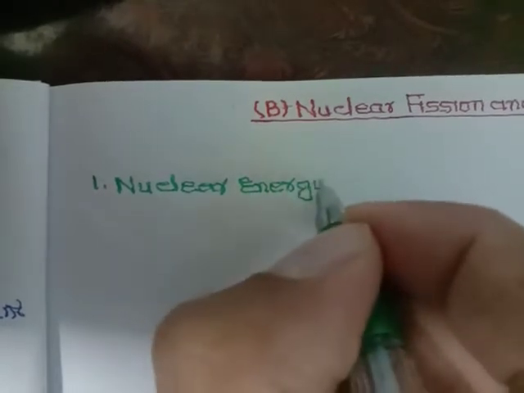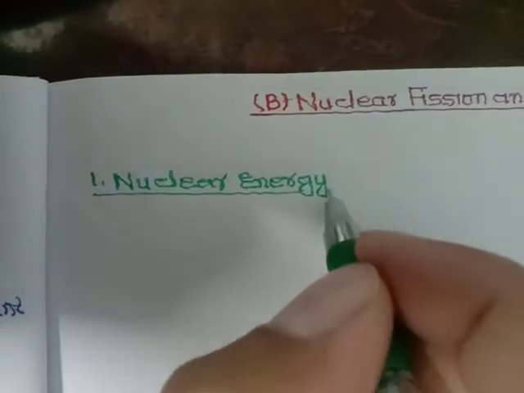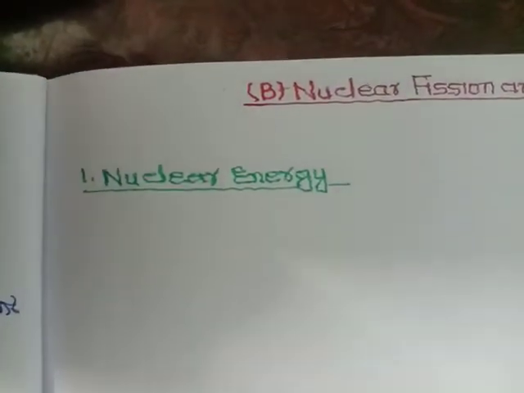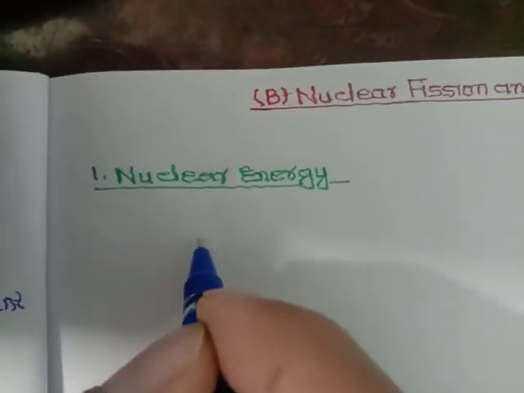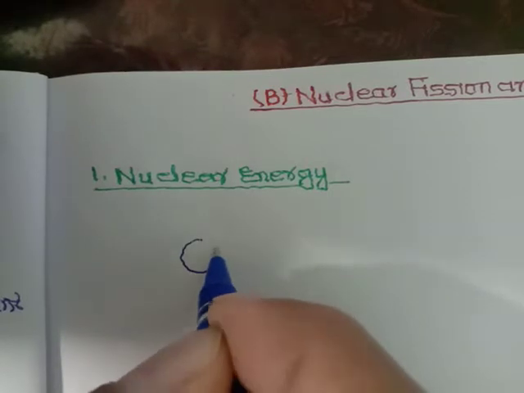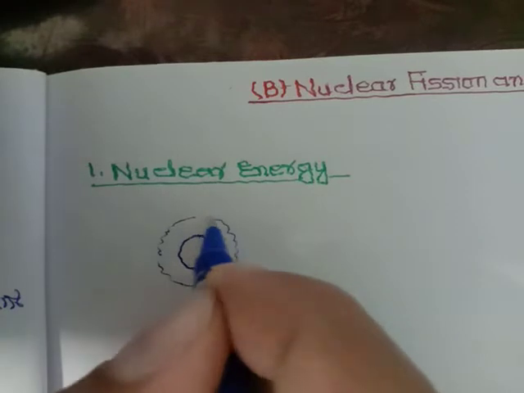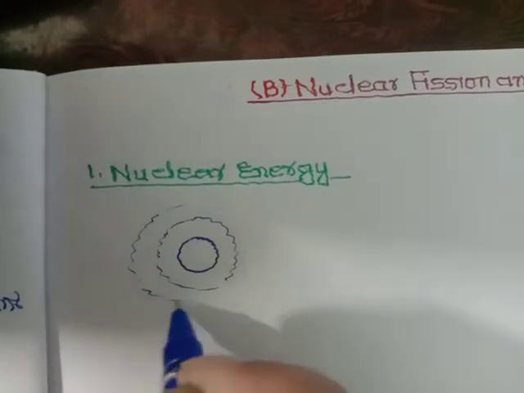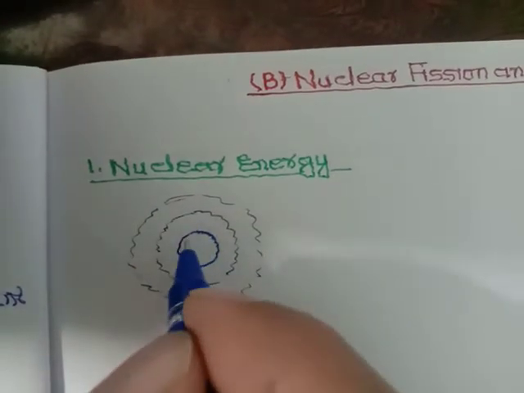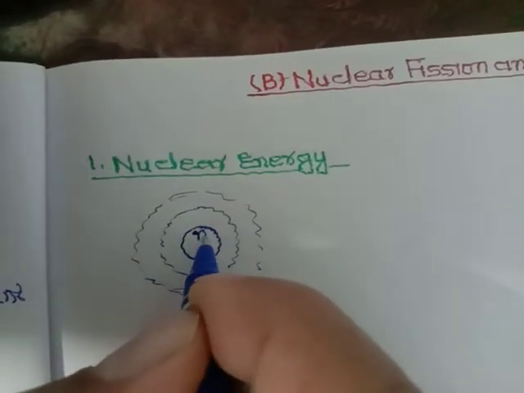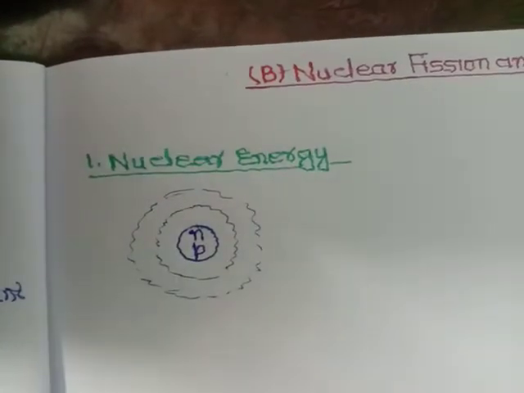Now, see, we know that inside a nucleus, this is the nucleus, right? And these are the orbits of the electrons around the nucleus. And inside the nucleus there are neutrons and protons, right?